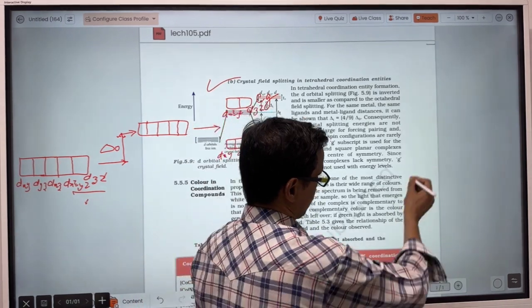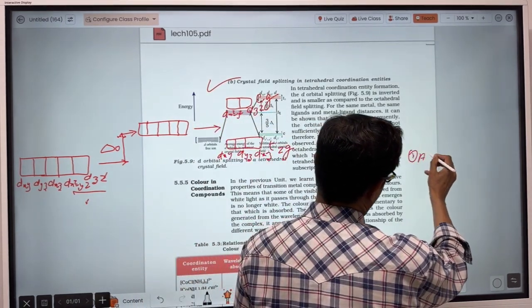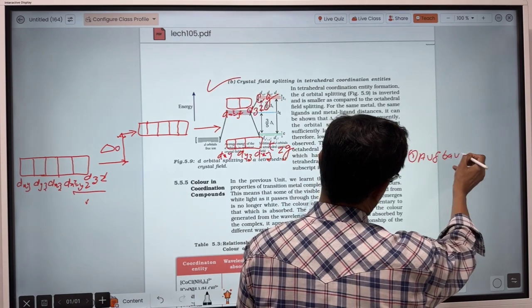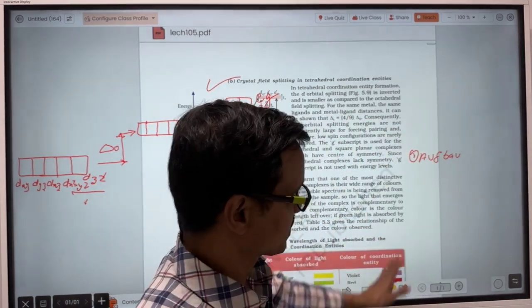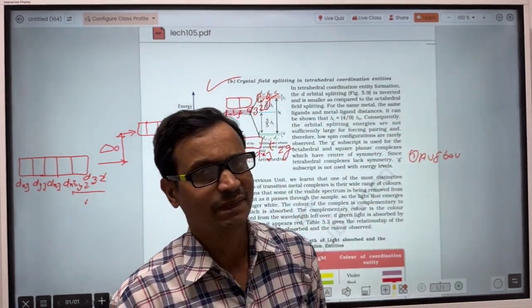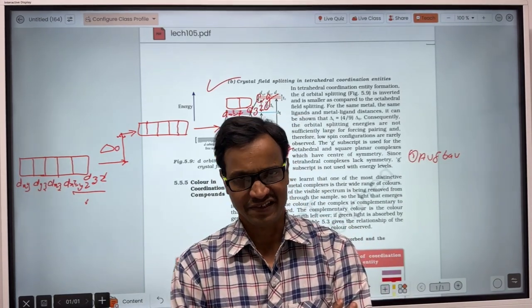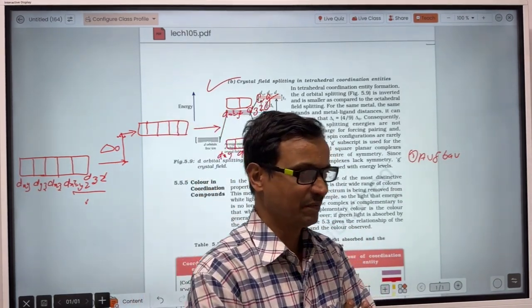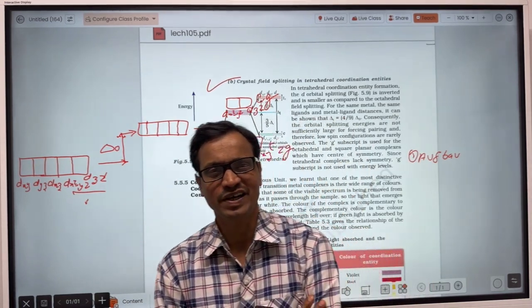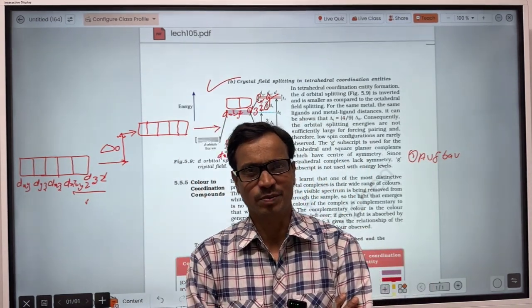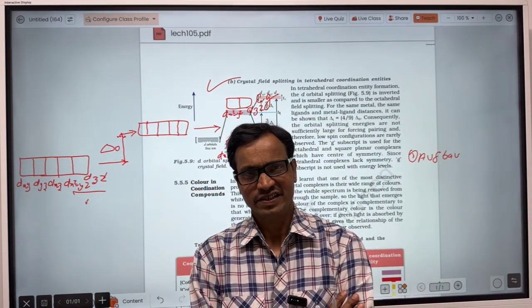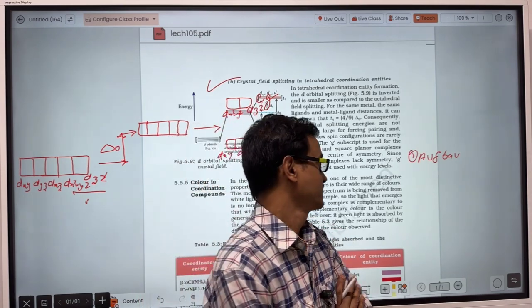So first one is Aufbau rule. Aufbau rule states that the electrons will fill up in the orbitals according to their increasing energy. So the electrons will occupy the orbitals according to their increasing energy level.